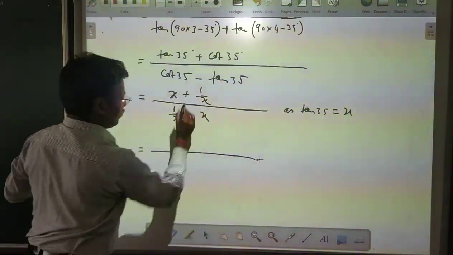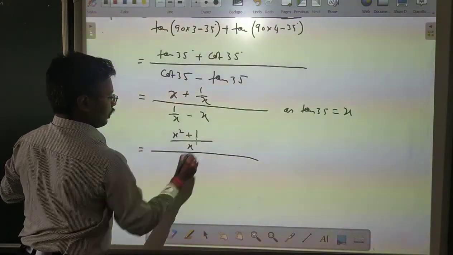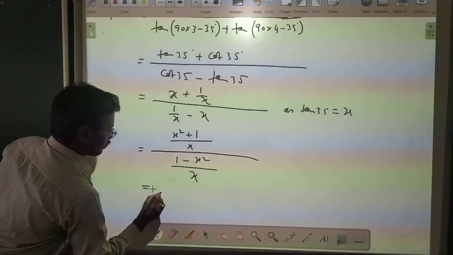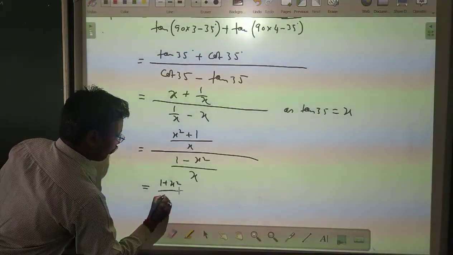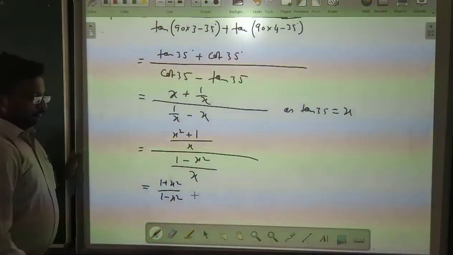Now simplifying it, taking the LCM, we get x square plus 1 upon 1 minus x square. The answer is (1 plus x square) upon (1 minus x square). Good.